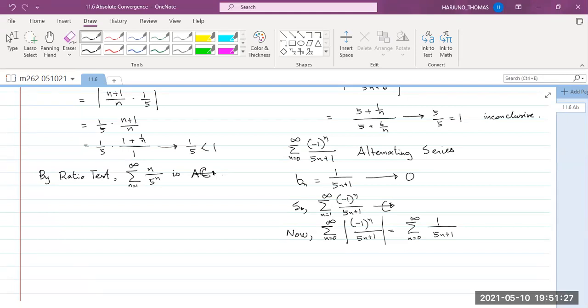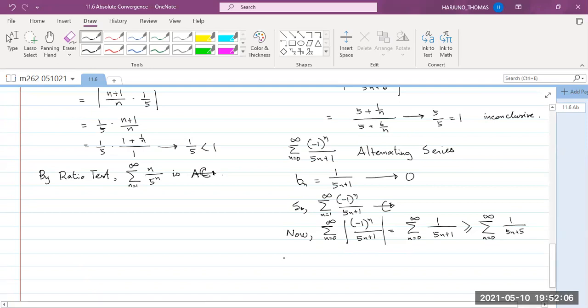There are so many ways you can use. You can use the integral test. What else? I will use the comparison test. I will say that this is greater than or equal to the series from 0 to infinity of 1 over 5n plus 5. Don't get me wrong, this is only one way to do it. You may use the integral test.